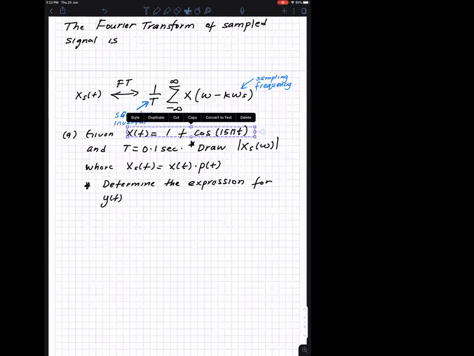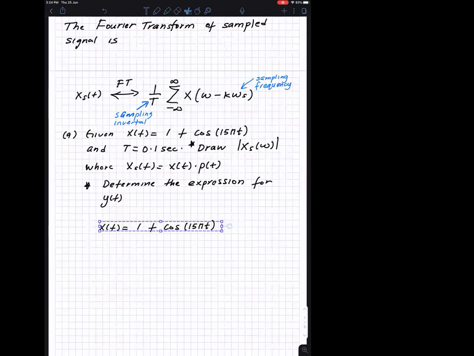The input signal. It has a DC and then an AC.